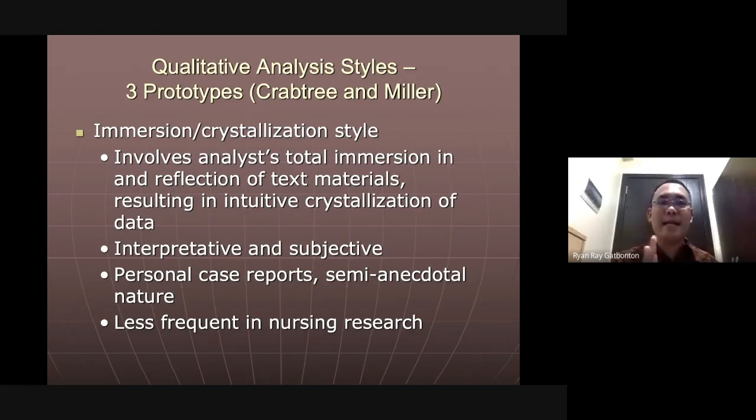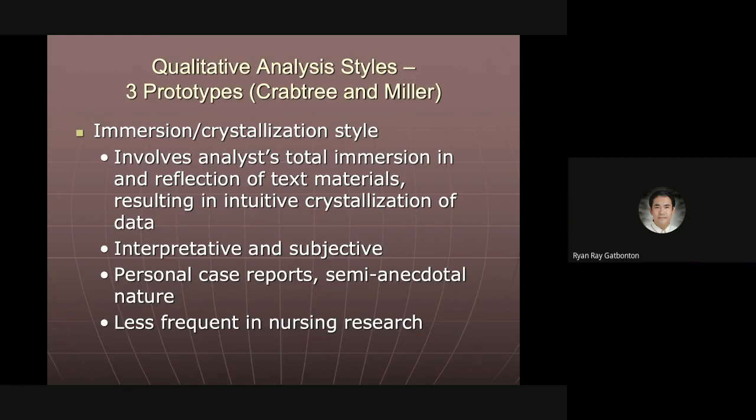Kung sa editing analysis style, kung may napansin kang patterns objectively, yun yung framework ng editing analysis style at ng template analysis. But in immersion style, wala ka nung mga yon. It is based upon your personal reflection of the data that you have gathered.